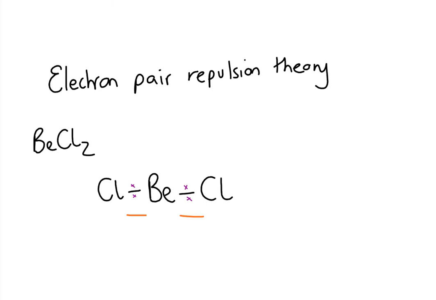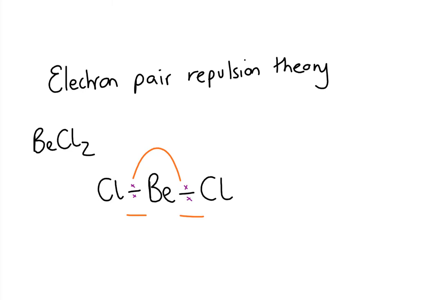So in order for these two pairs of electrons to be as far away as possible, this is the shape that is created. This is the linear shape, and the bonds are 180 degrees from each other. Basically all these shapes that you have copied down to your table are because that's as far away as those pairs of electrons can be from each other, moving apart from each other.